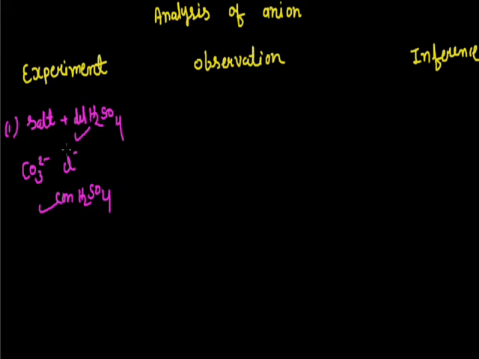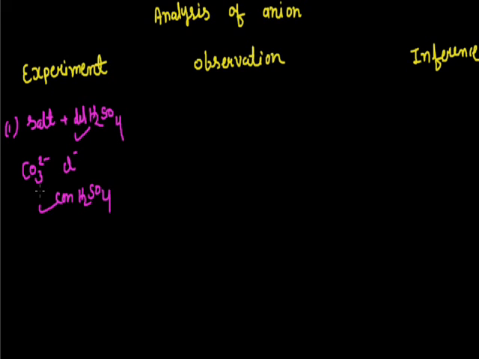With dilute H2SO4, Cl negative does not react, and only carbonate reacts. So we can easily find out whether the salt contains carbonate or Cl negative. So always start from dilute H2SO4.